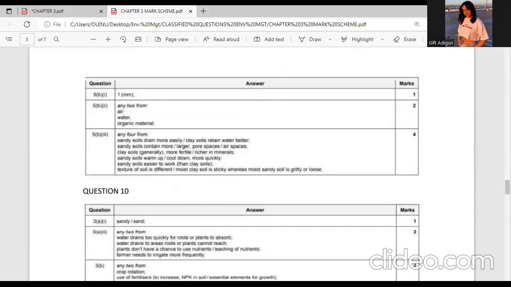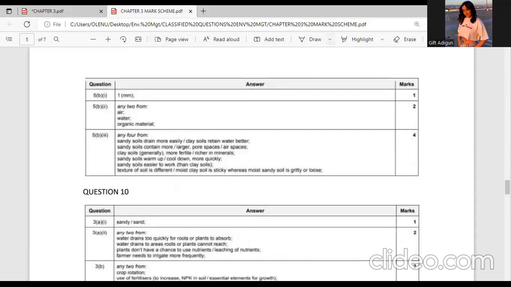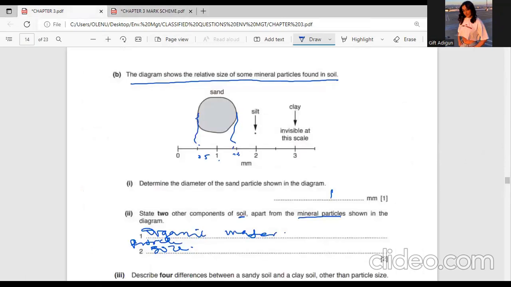Okay, I said organic matter, but I failed this too. After mineral particles, you have soil air and soil water. But why I was confused with this question is that I was thinking of the diagram. I cannot see water.